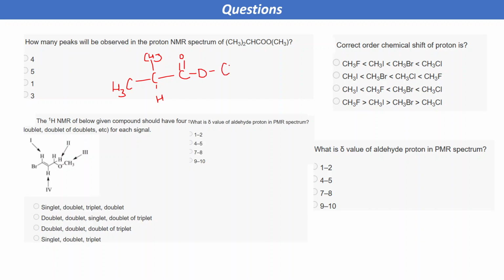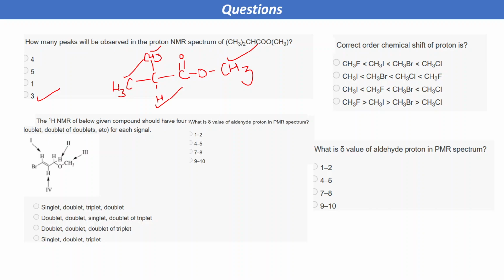Now how many peaks will be observed for this structure? 3. One belongs to this methyl, another belongs to this H, and these two methyls have the same chemical environment. So in total there will be 3 peaks that we will observe.